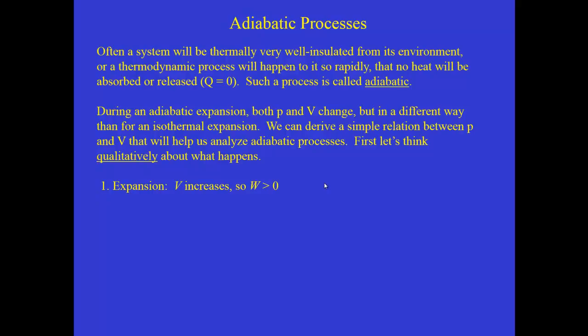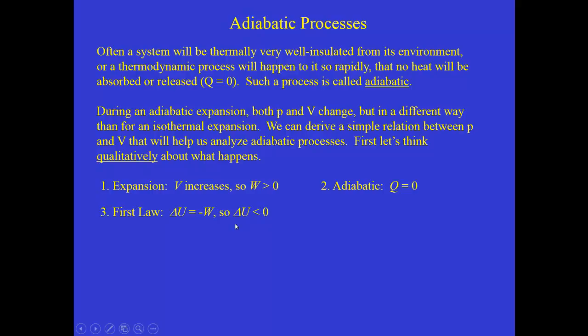Well, first of all, if the process is an expansion, V increases. And from the definition of the work done by the system, if the volume increases, the system is doing work, so work is positive. Since it's adiabatic, by definition, Q is equal to zero, and therefore the first law, which tells us that delta U is Q minus W, well, if Q is equal to zero, then delta U is equal to minus W. W is positive, so delta U is less than zero.